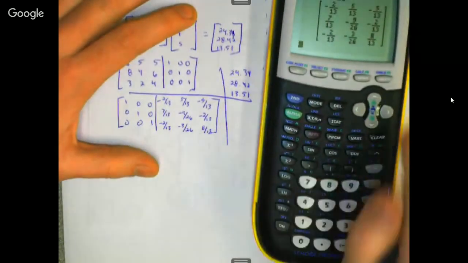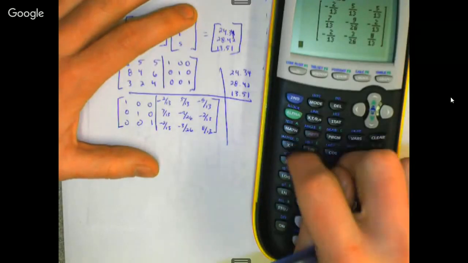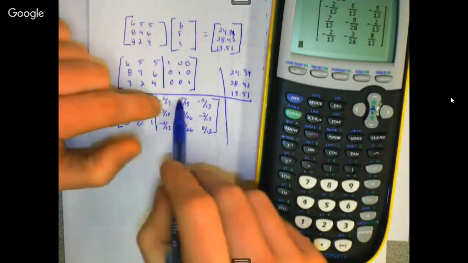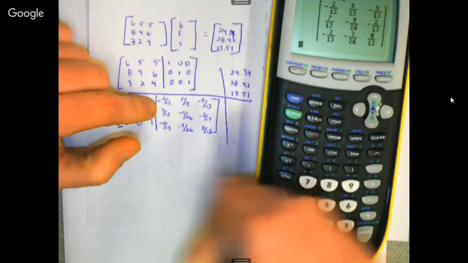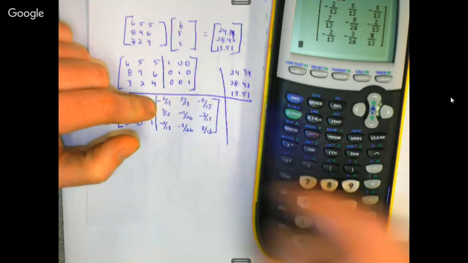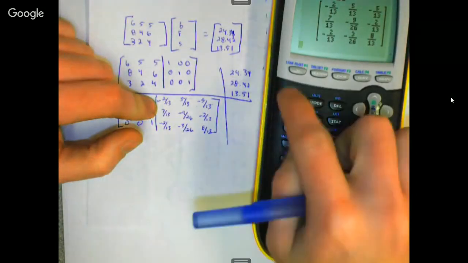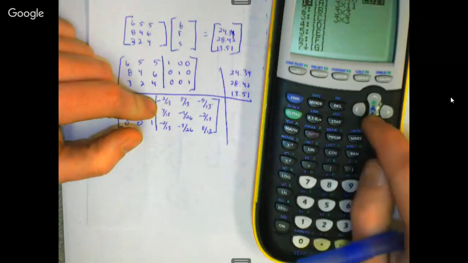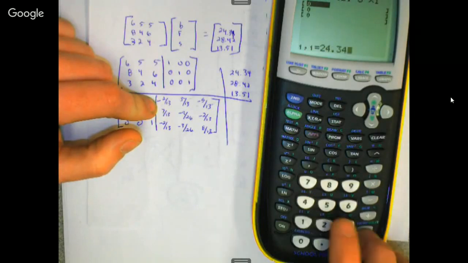Okay, so I need to put that matrix in there, or I can just put it in the calculator like that. But I'll show you how to put it into the calculator. So we need another matrix, say D, which is a 3 by 1, 24, 34, 28, 42, and 1351.